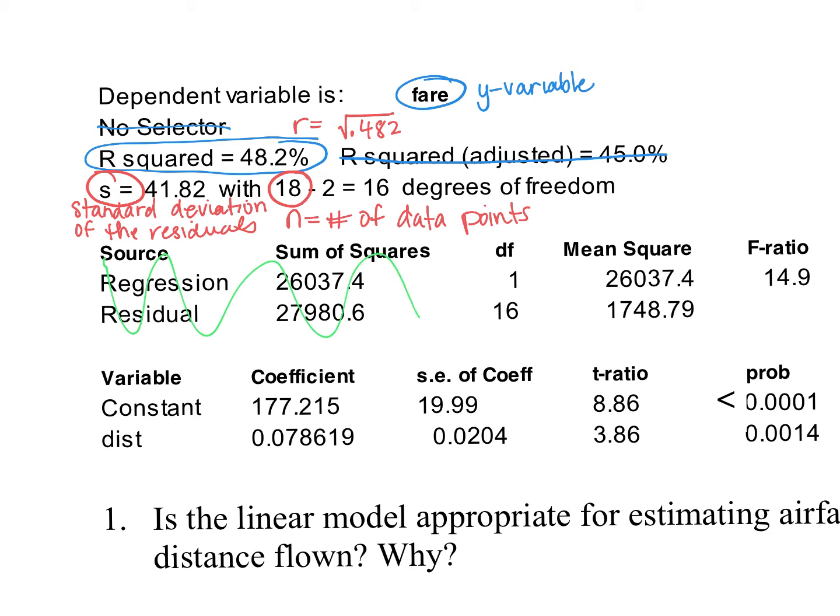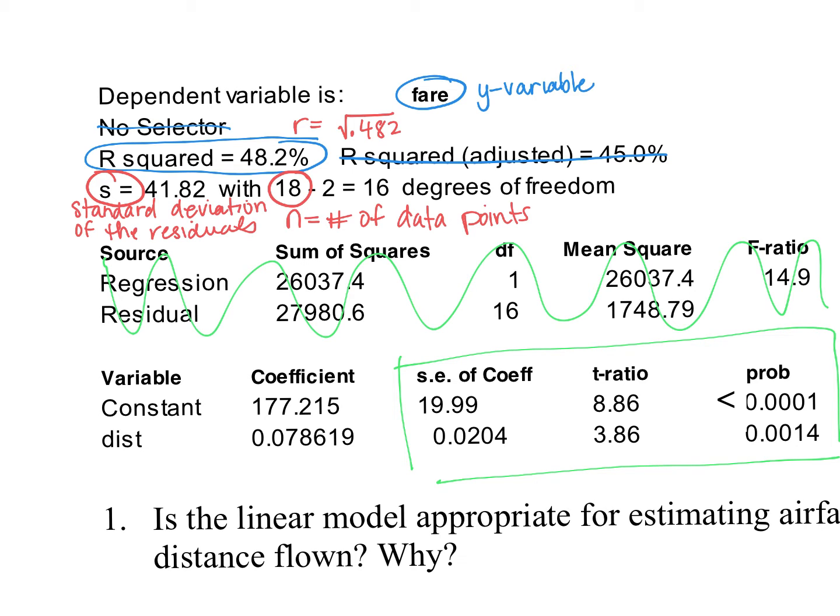We literally ignore all this stuff in the middle. And we pretty much ignore all this till chapter 27, when we actually do a hypothesis test for the slope. Okay, so that's later on.